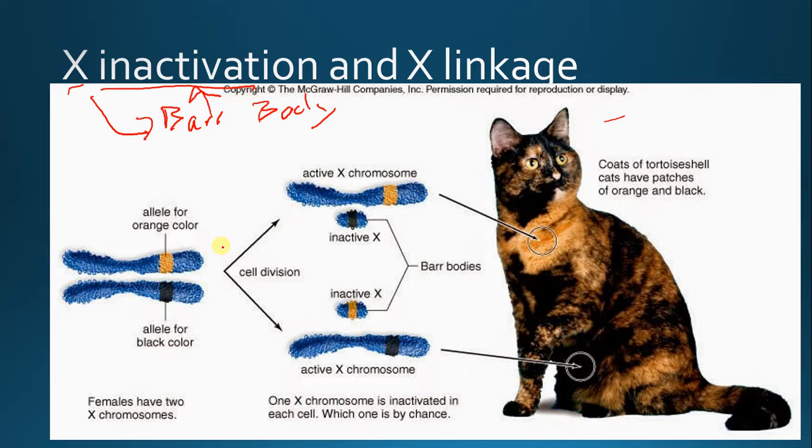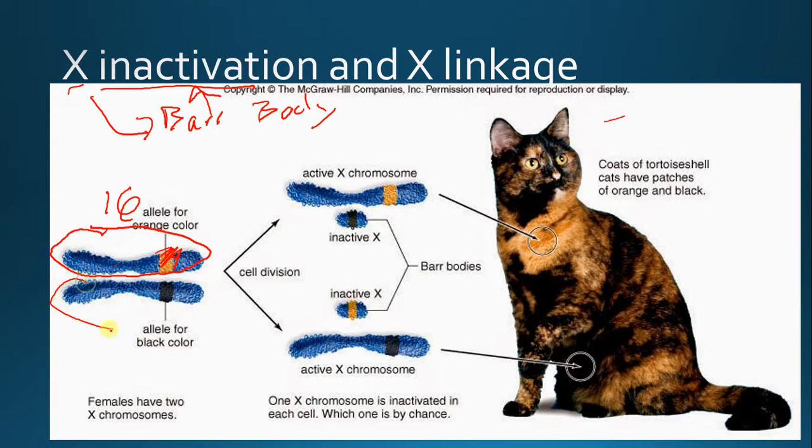When they were young, one of the X chromosomes was deactivated, or the other. When they were only like 32 cells big, and X inactivation occurred, maybe in 16 of them, the X chromosome that had the allele for orange color was deactivated.